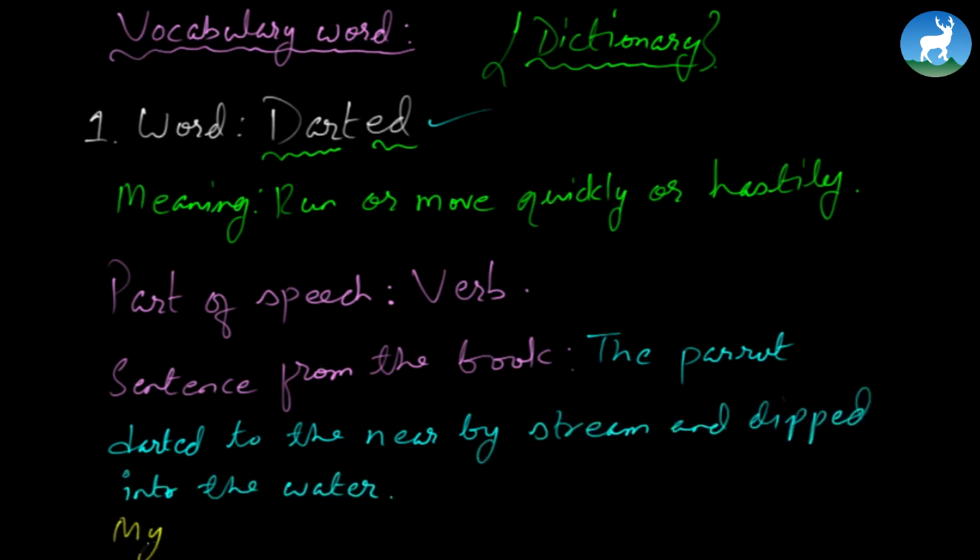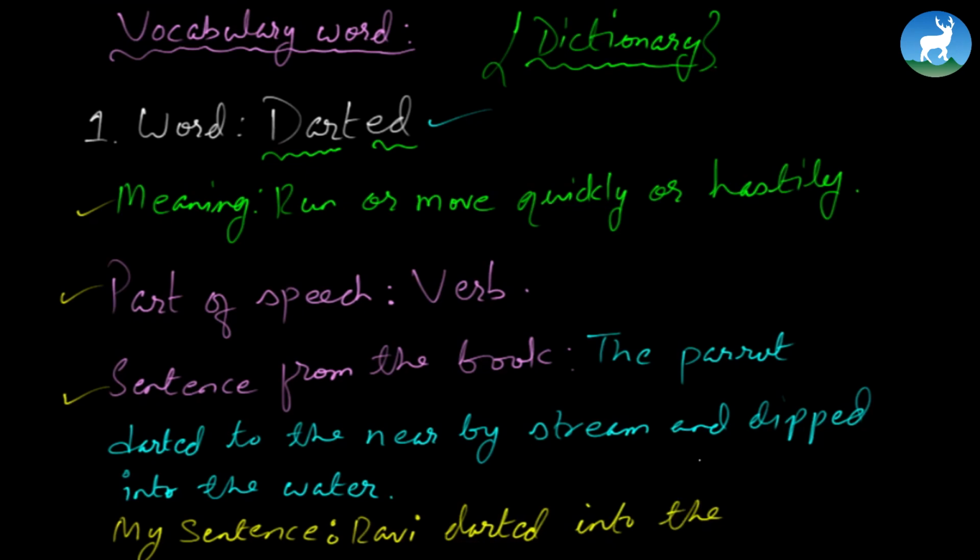And finally write down my sentence, meaning now you make a sentence of your own. See, by this time you know the meaning of darted. You know its part of speech. You even know how the word can be used in a sentence. Now you make your own sentence. Now in that case, let's say Ravi darted into the yard. See, Ravi darted into the yard.